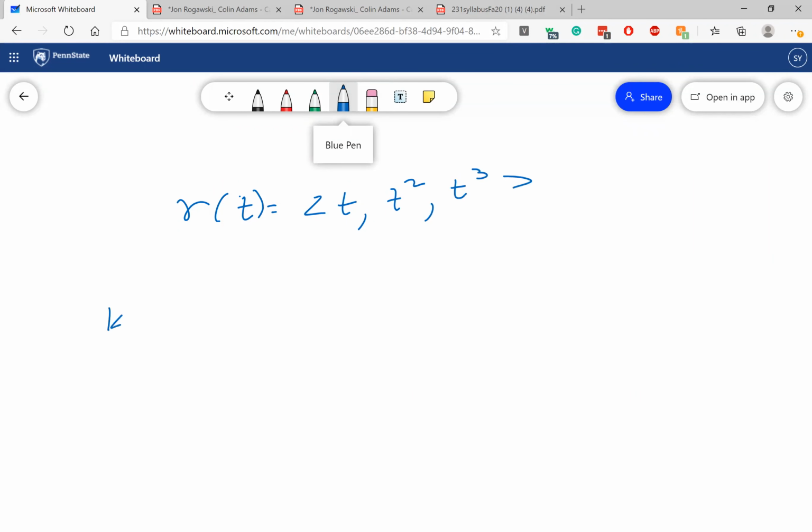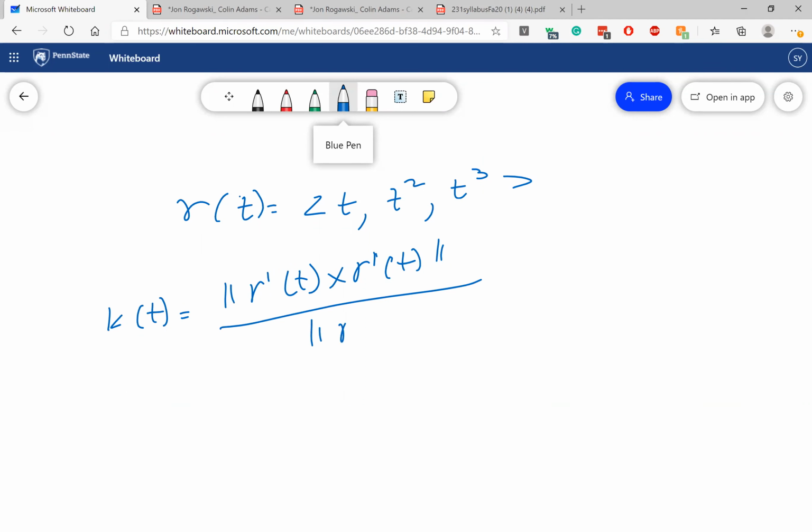So my curvature is going to be equal to, well, we said it's the magnitude of r prime of t cross r double prime of t over the magnitude of r prime of t cubed.